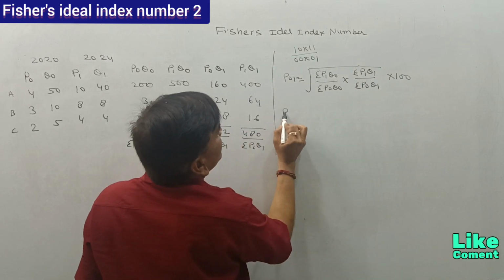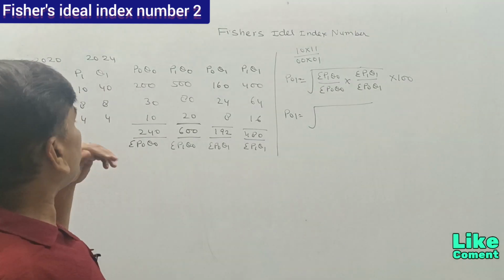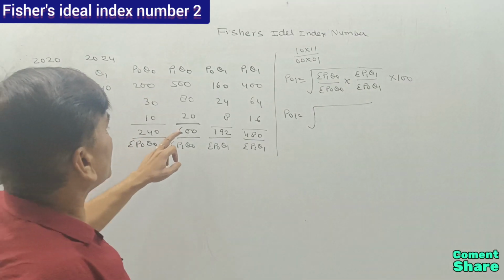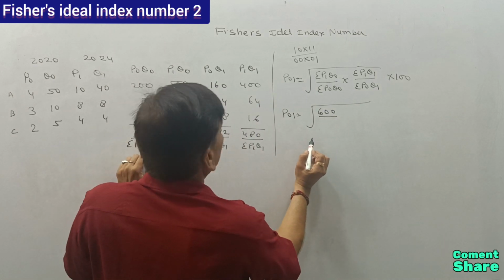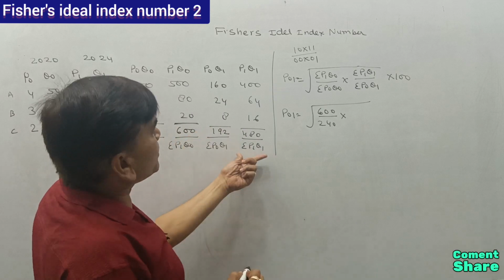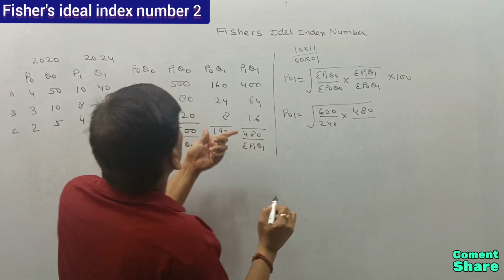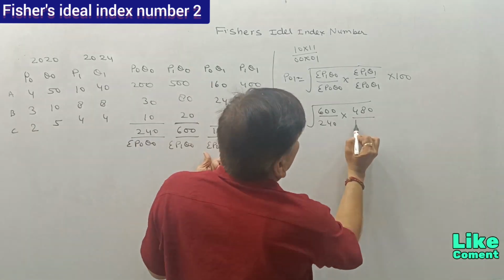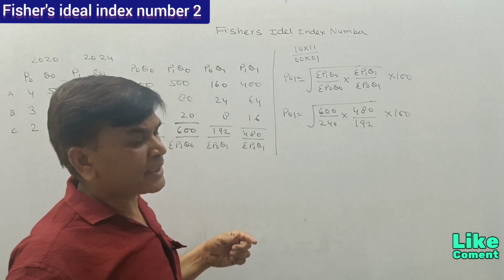Now we put in the values. P1 Q0 is 600, divided by P0 Q0, that is 240, multiplied by P1 Q1, that is 480, divided by P0 Q1, that is 192, multiplied by 100.